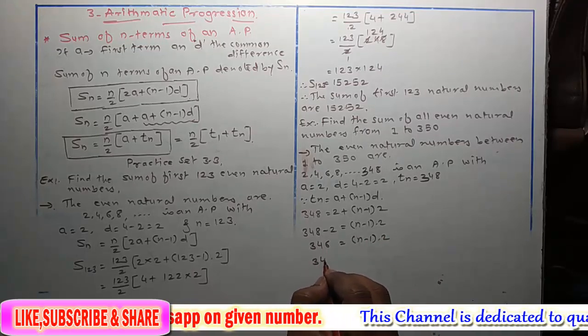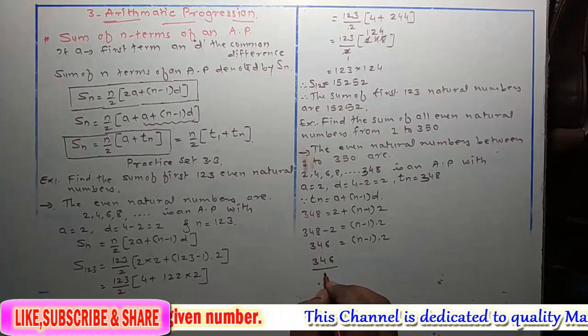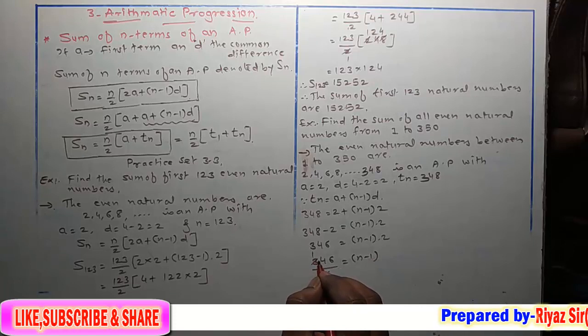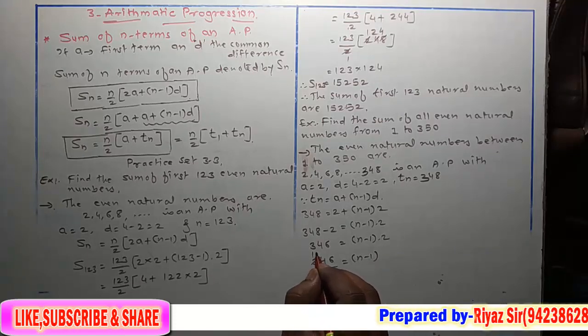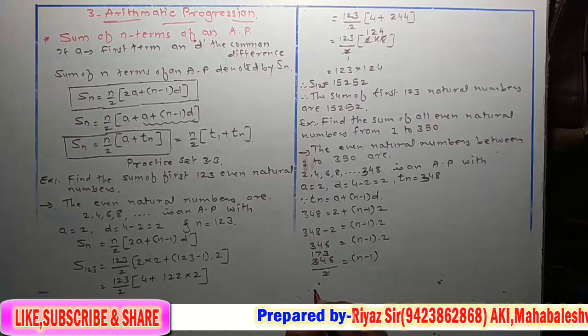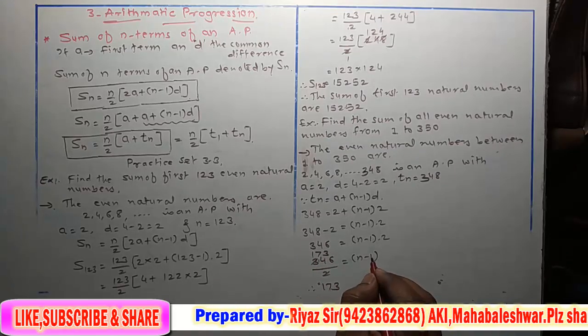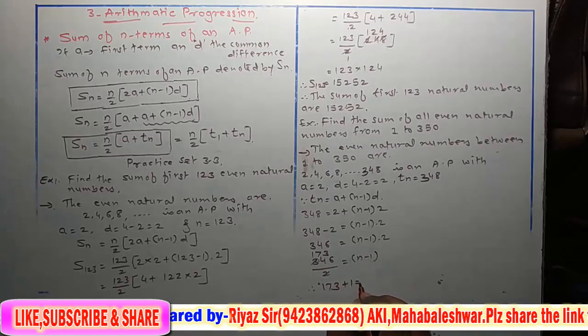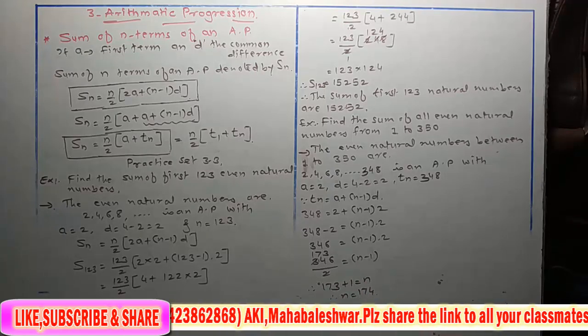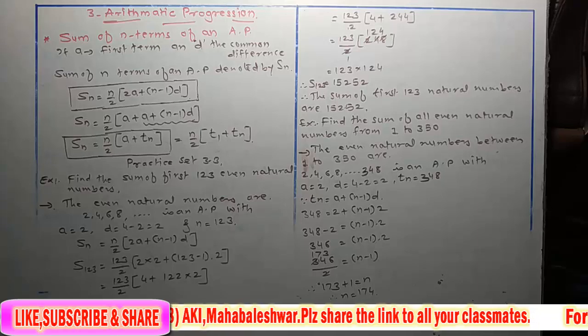So this 2 gets divided here: 346 divided by 2 is 173, equal to n minus 1. This minus 1 becomes plus 1, so n is equal to 174.